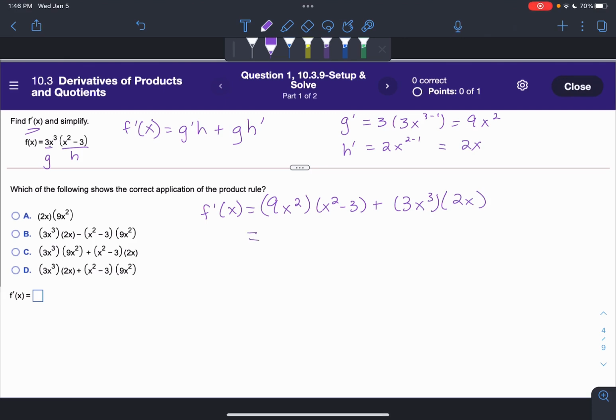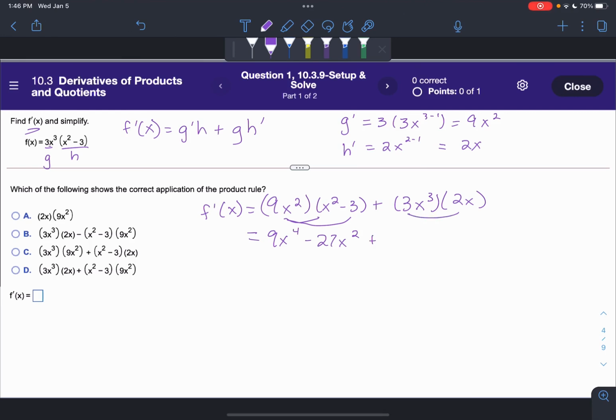So multiply it all out. I get 9x to the 4th, right? Add those 2 and 2, and then I get minus 27x squared.